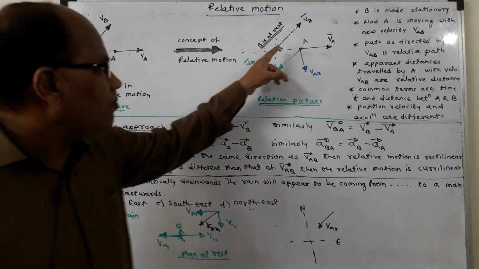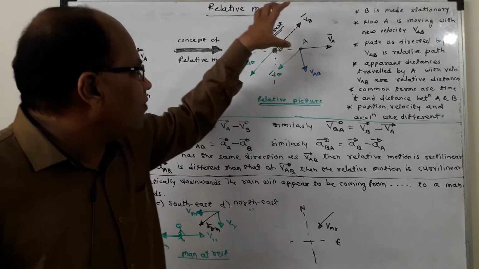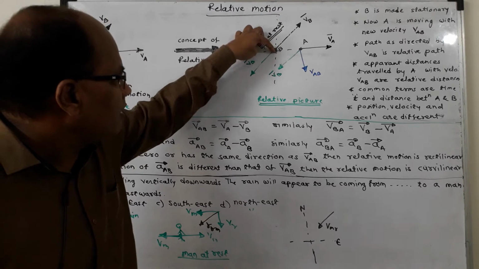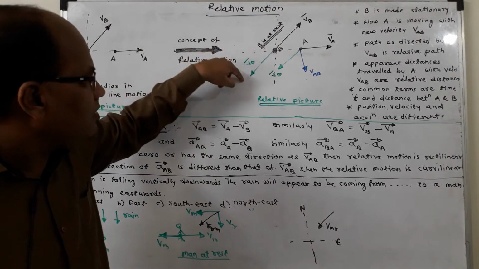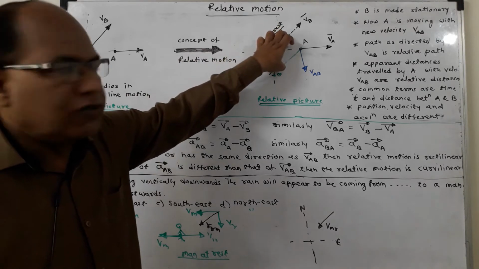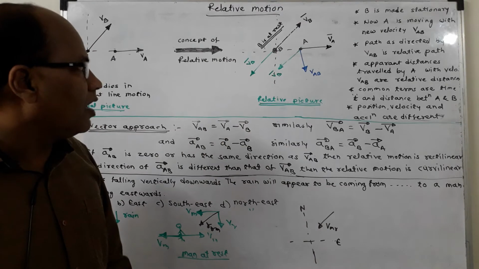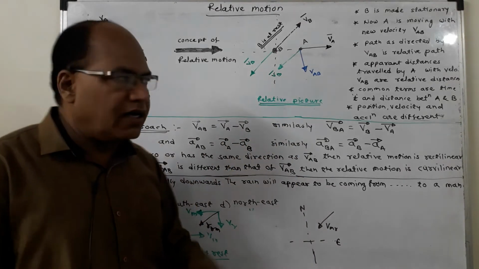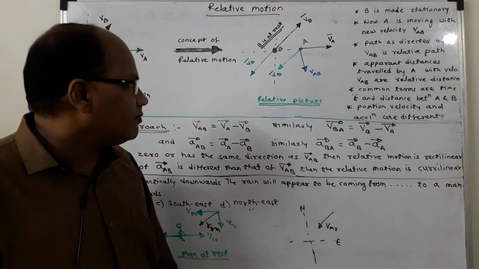The velocity of B is Vb, as shown here, and to bring it to rest I will have to superimpose velocity Vb in the opposite direction on B. These two oppositely directed Vb's cancel the effect of one another, and as such the body B will be brought to rest.